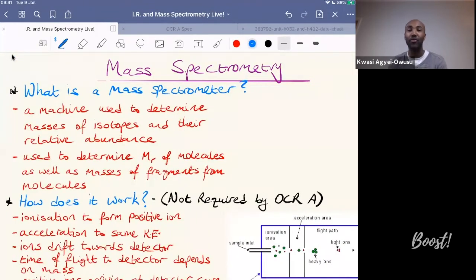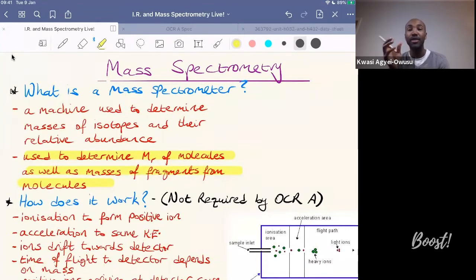what does mass spectrometry tell us? A mass spectrometer allows us to work out the relative formula mass, or the relative molecular mass of a compound. And as far as organic chemistry goes, we're most interested in determining the Mr of our molecule, so we highlight that in yellow.